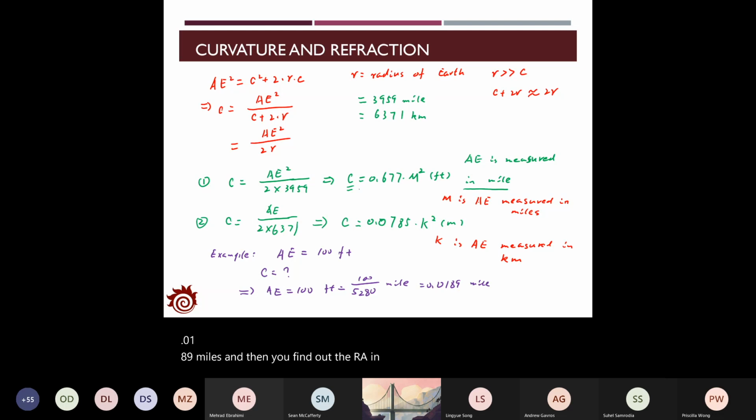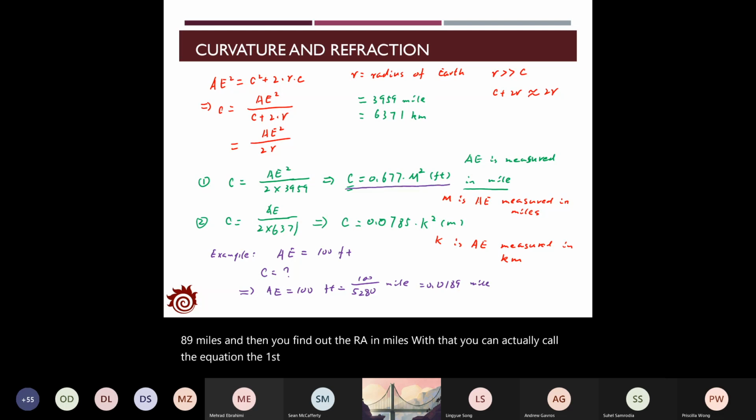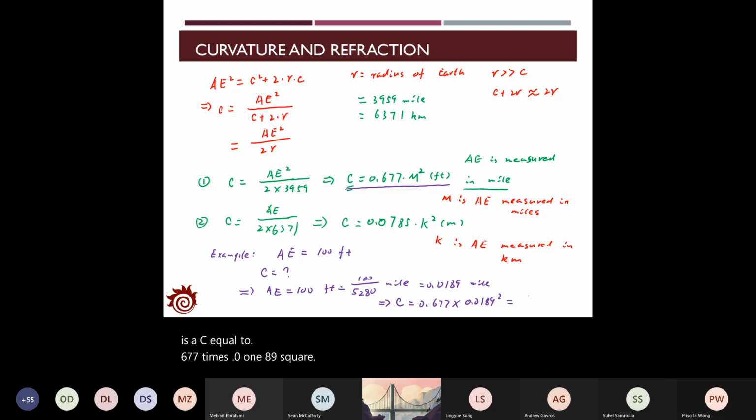And then you find the AE in miles. With that, you can use the first equation to find the curvature error. So what you will get is C equal to 0.677 times 0.0189 squared. The result is 0.00024 feet.